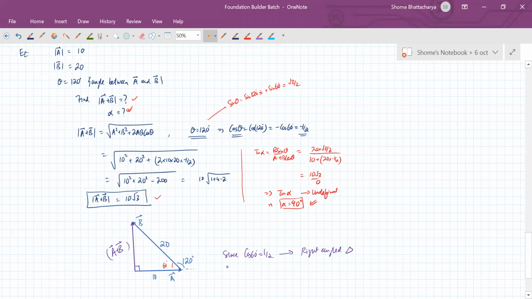Okay, and this alpha is equal to 90 degrees. So magnitude of this side should be square root of hypotenuse square minus base square. So that's also justifying that mod a plus b is coming out to be 10 root 3. Same as this. Yes, that's correct, Rupesh.